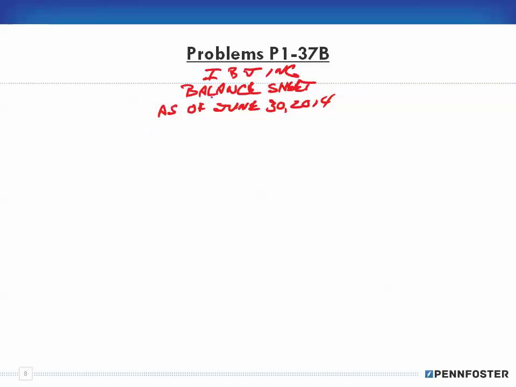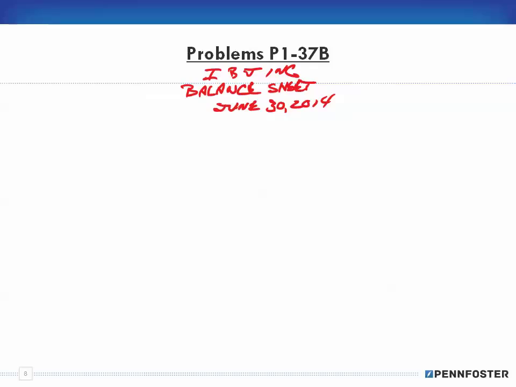What this means is it's showing the balances in the account as of that specific date, because remember, these are cumulative balances. They never get closed out to zero. Now I can write the words as of, and I also could just write the date itself, okay? Both are acceptable. And of course, this gets centered, right?